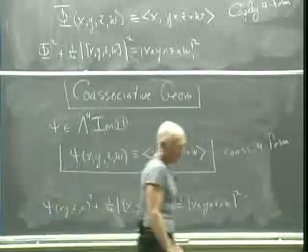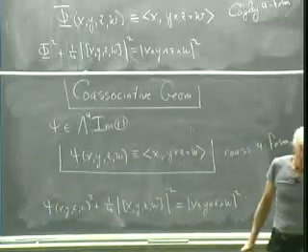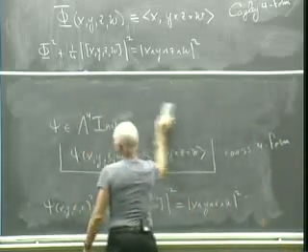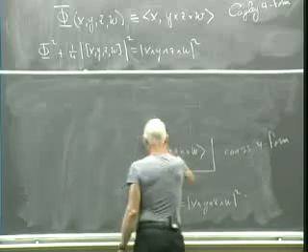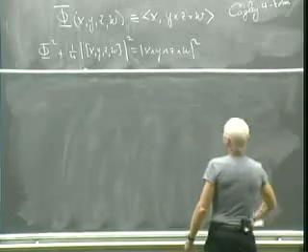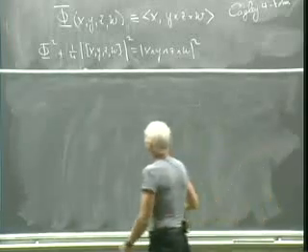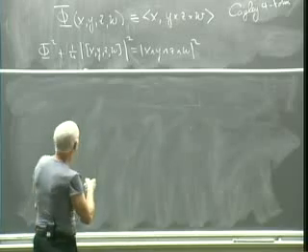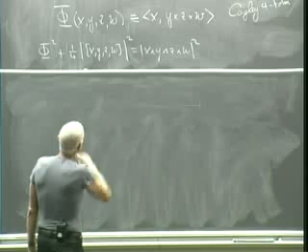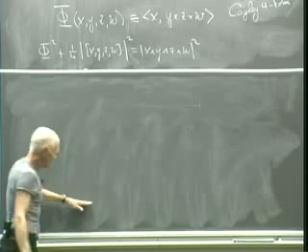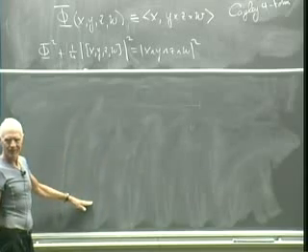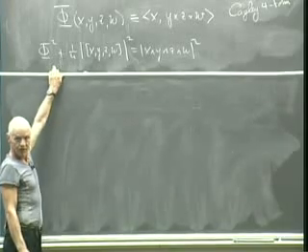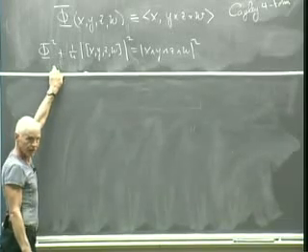Now, in fact, well, I just erased something I shouldn't have erased. Maybe I'll say it. So what I just erased, if you caught it, was an equation which was exactly that equation, except it was the co-associative 4-form.